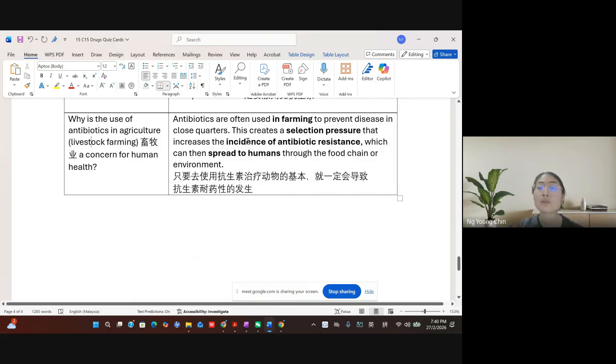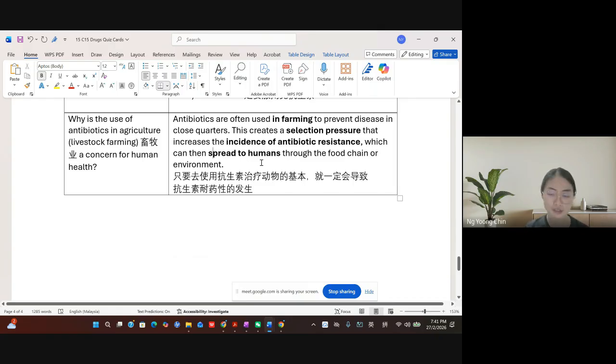So when antibiotics are used in farming, they are aimed to prevent disease in close quarters. This will create the selection pressure that will increase the incidence of antibiotic resistance, which can be spread to humans through the food chain and the environment. So it's actually very dangerous for us also.